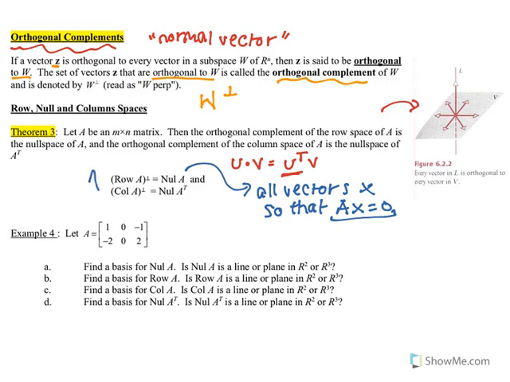Okay, so if that makes sense to you, yay. If not, write it down and we'll try to go over it in office hours or in the lesson. But really, we've got a nice note card formula here. So again, the orthogonal complement of the row space of A is the null space of A, and the orthogonal complement of the column space of A is the null space of A transpose. And that has to do with these 2 facts here.